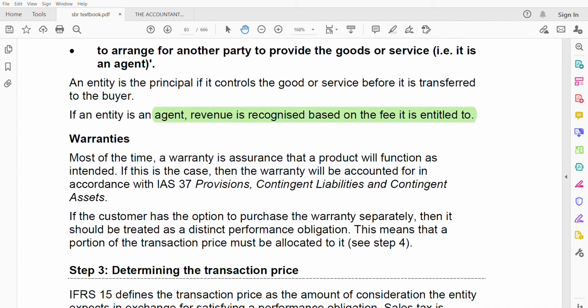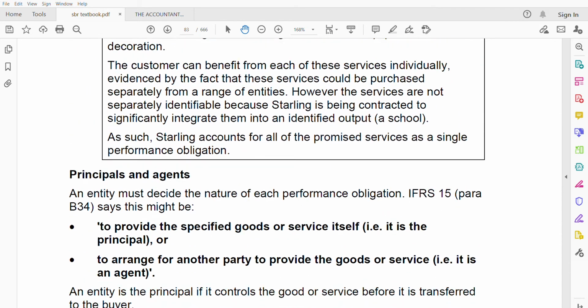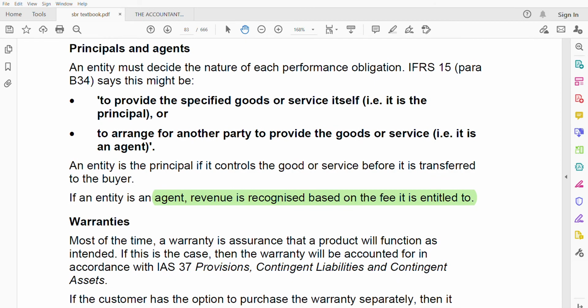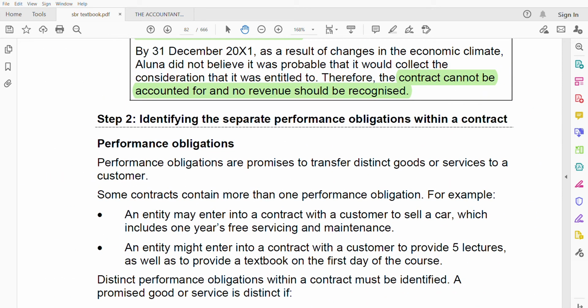What about warranties? See, with revenue come warranties and all those things, when you go to the shop. So how do you recognize it? Because all these come under performance obligation. That's why it's there. We are still in step 2. What was step 2? Identify separate performance obligations within a contract.